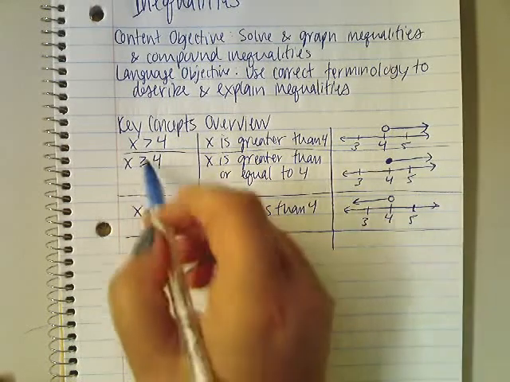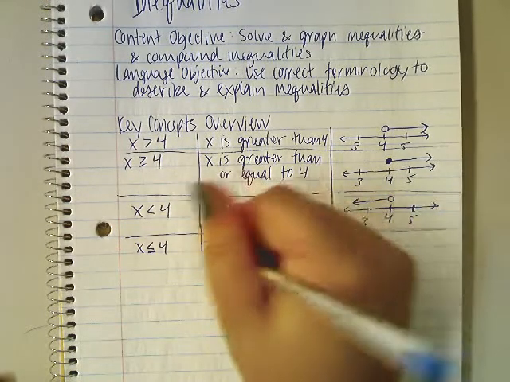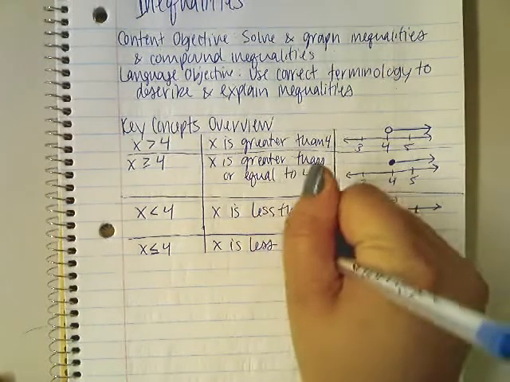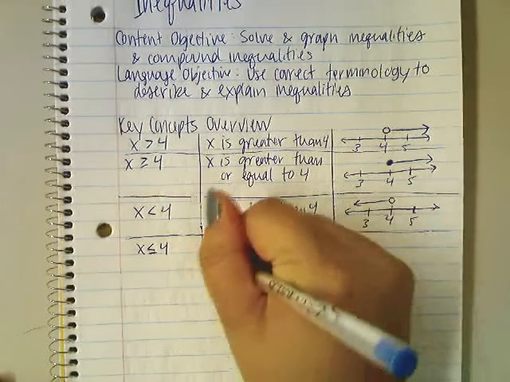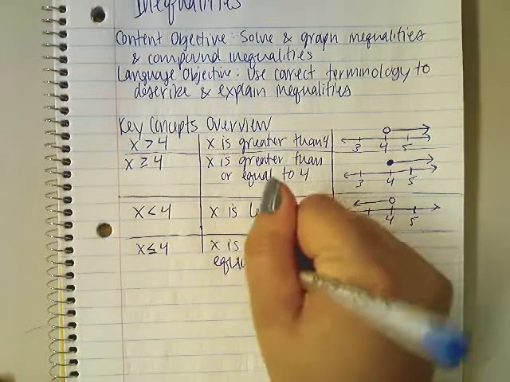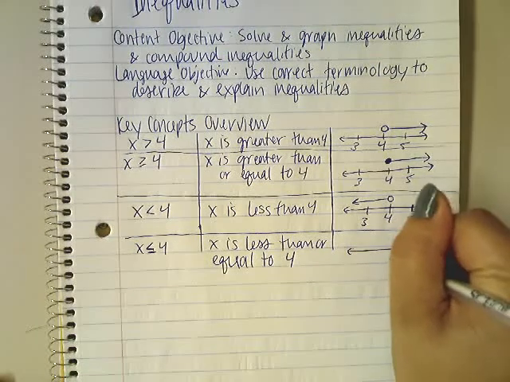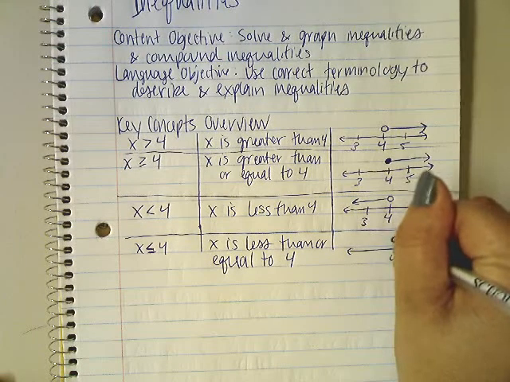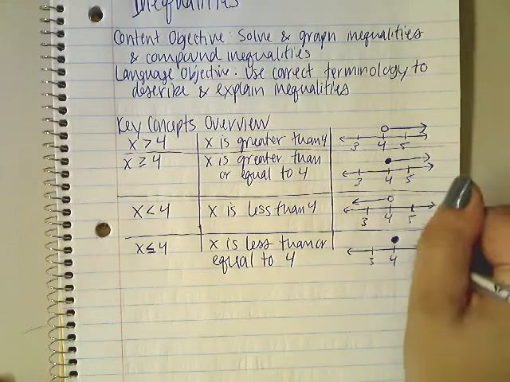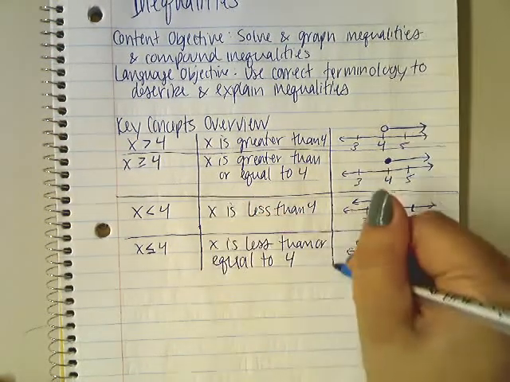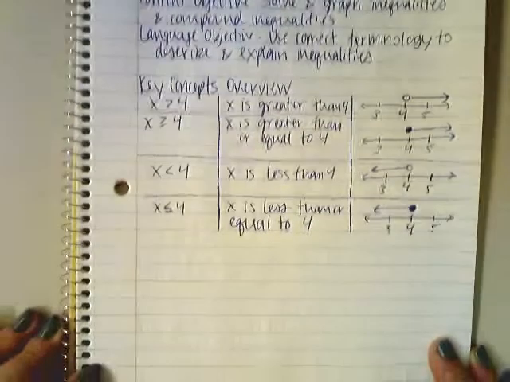The equal to has a line underneath, they have closed circles, and they're read as x is less than or equal to 4. On your number line, you again have a closed circle because it could be equal to, but then it is pointing in the negative direction. So that's the overview of our inequalities.